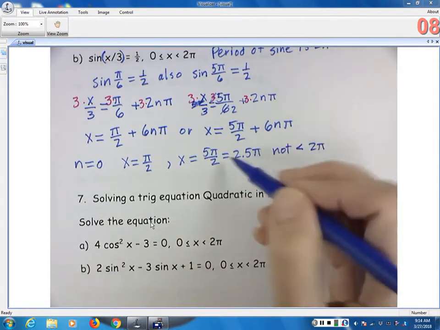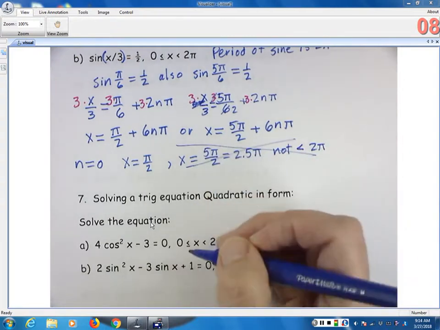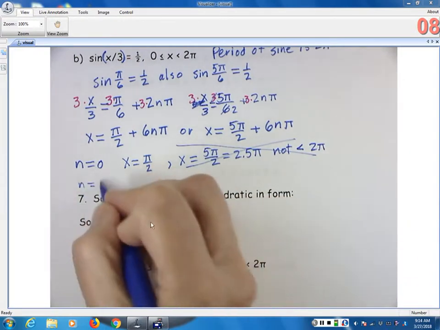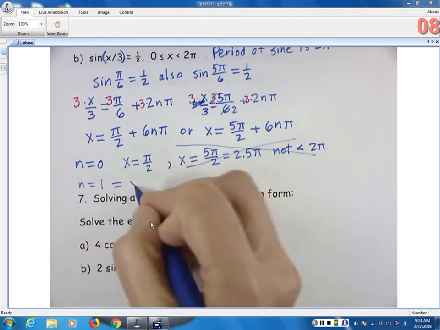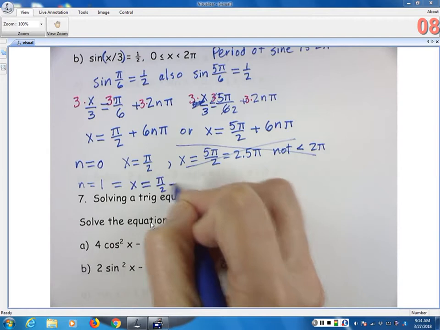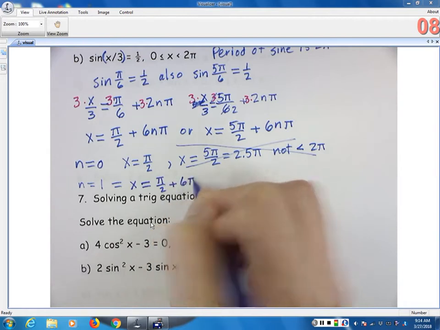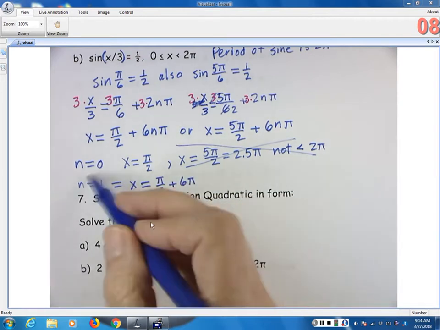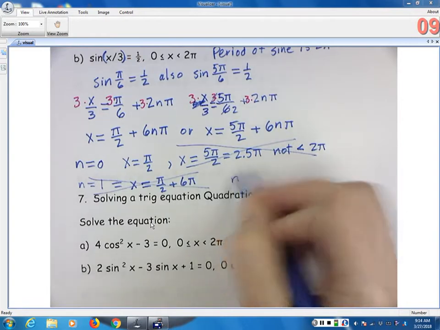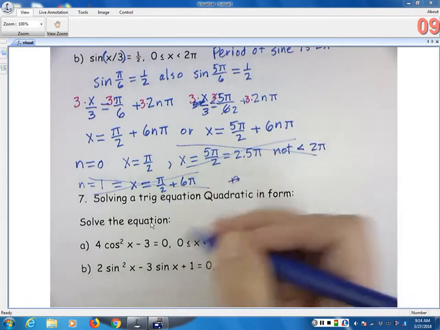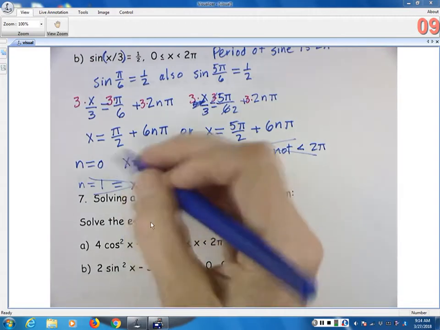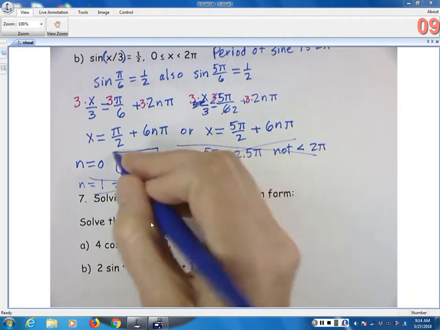So this is not an answer. We can try n equals 1, and you get x equals pi over 2 plus 6 pi. Well, that's way more than 2 pi. And n equals 1 for the other one is going to be way too high, too. So the only answer is pi over 2.